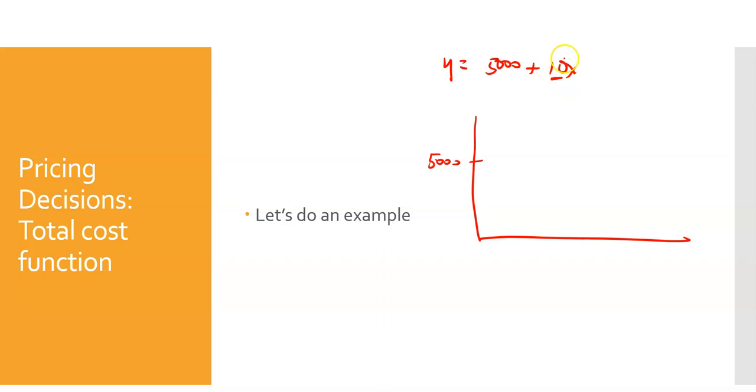So we know that the direct materials and direct labor are £10. We know that, therefore, this is the slope.